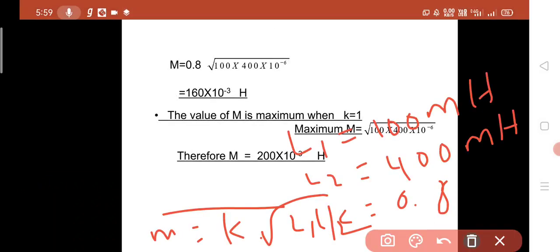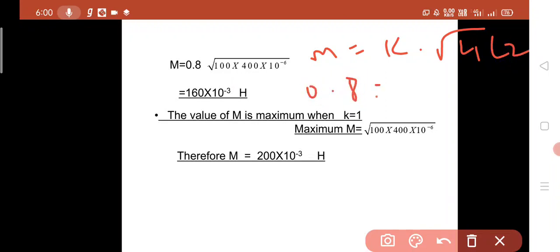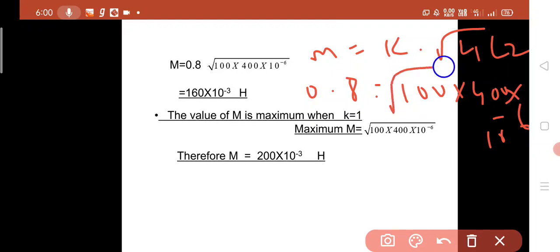Substitute the values: K is 0.8, L1 is 100 and L2 is 400, into 10 to the power of minus 6, under root.